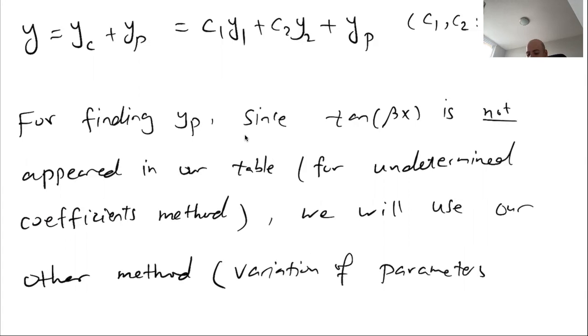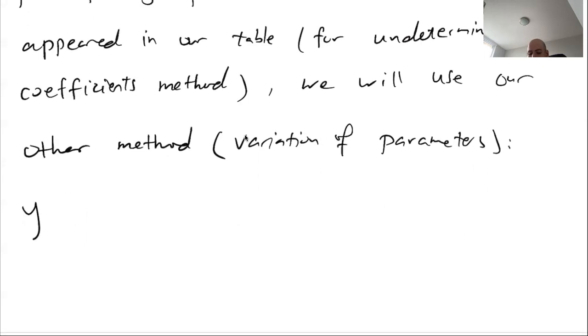So in variation of parameters, we know that yp can be written as u1 y1 plus u2 y2.